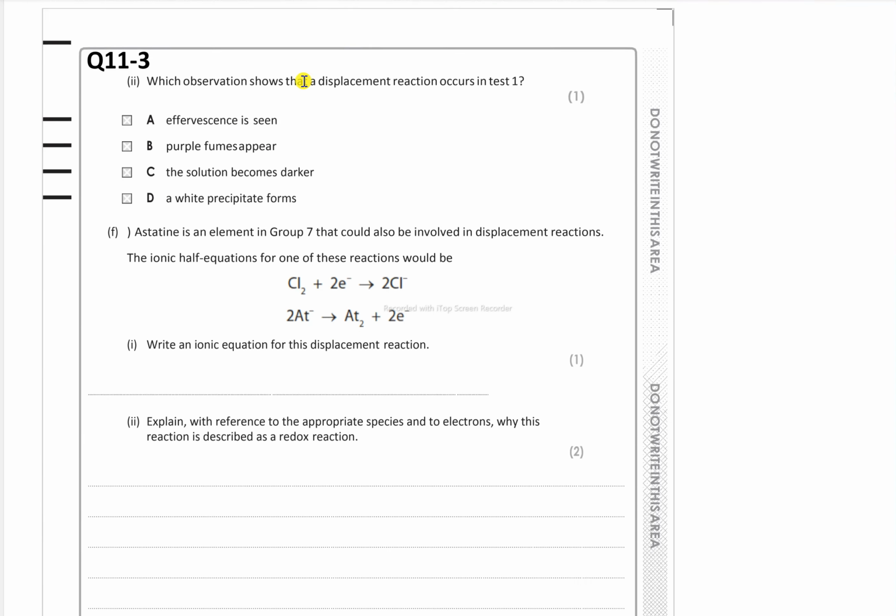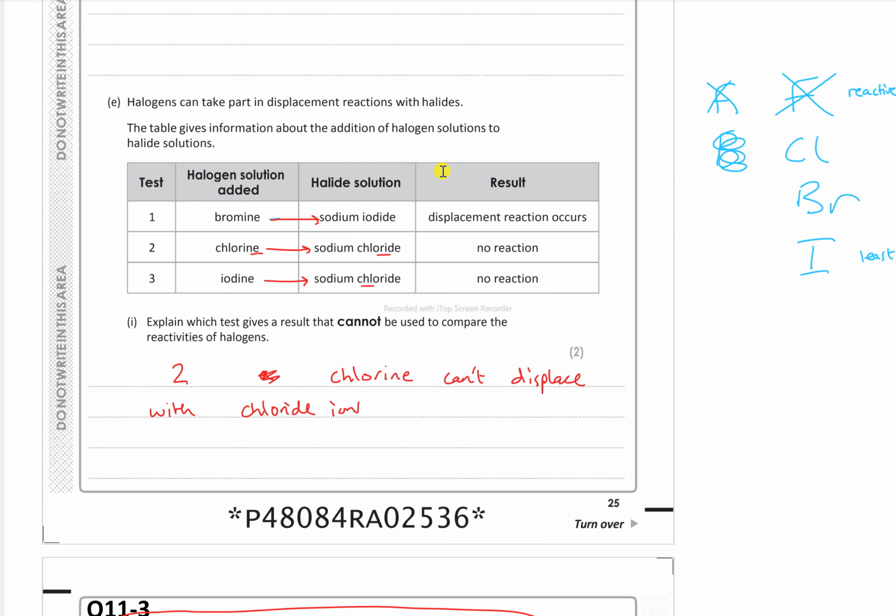Right, last bit. Which observation shows the displacement reaction occurs in test 1? In test 1, you're going to get a color change. So what color is iodine? What's happened is we add orange bromine water.